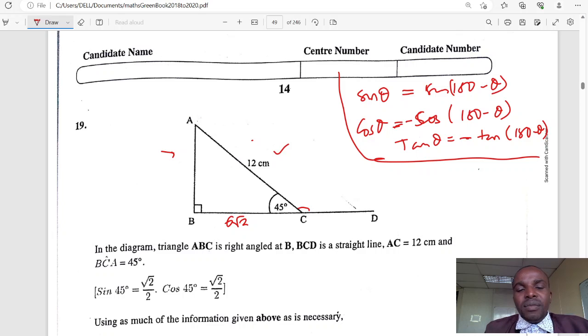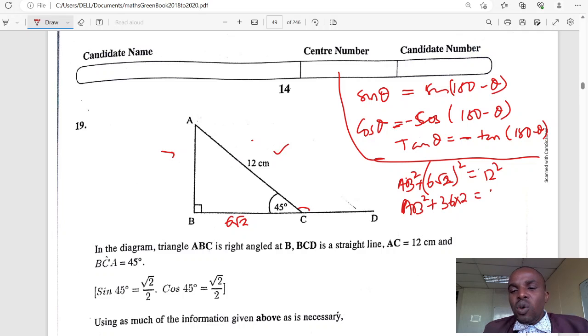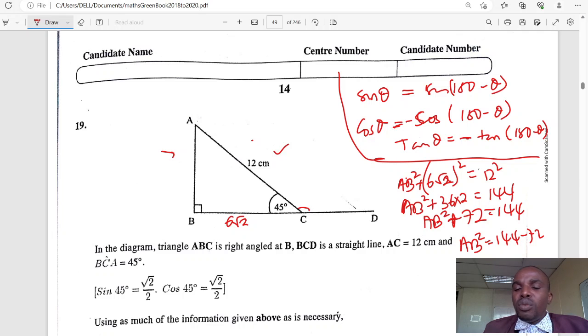AB squared plus 6 root 2 squared is equal to 12 squared. 6 root 2 squared: 6 times 6 is 36, root 2 times root 2 is 2, so 36 by 2 is 72. 12 squared is 144. Then AB squared is equal to 144 minus 72. So it will be what?